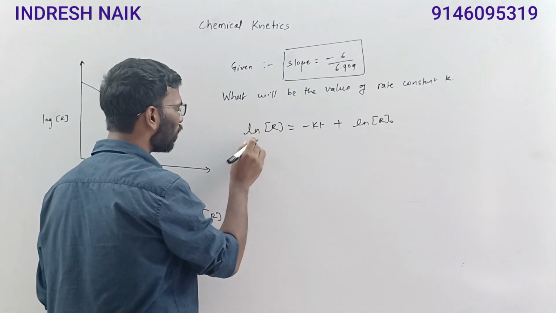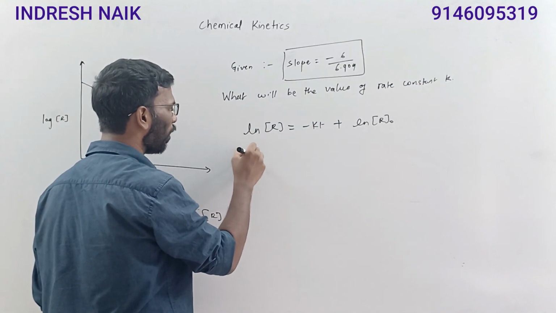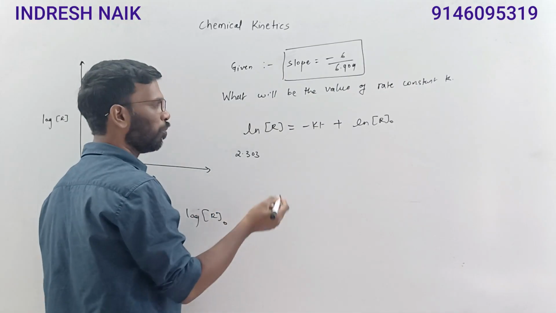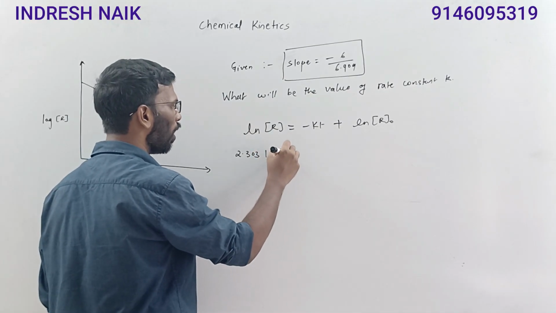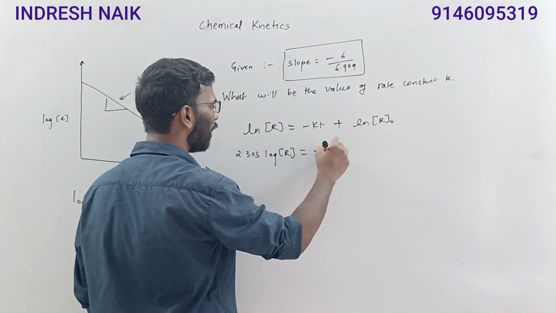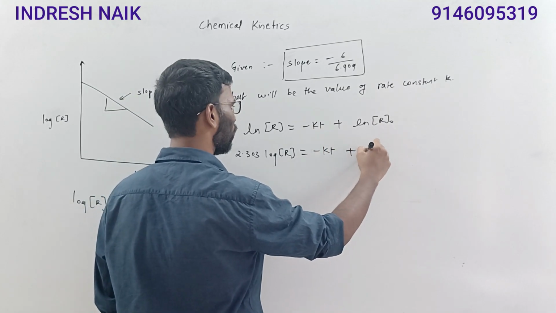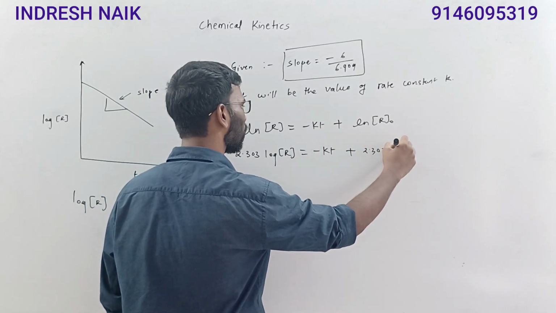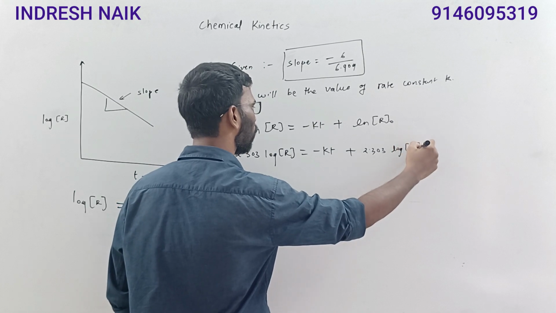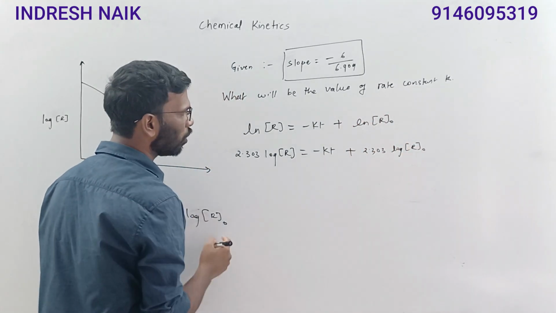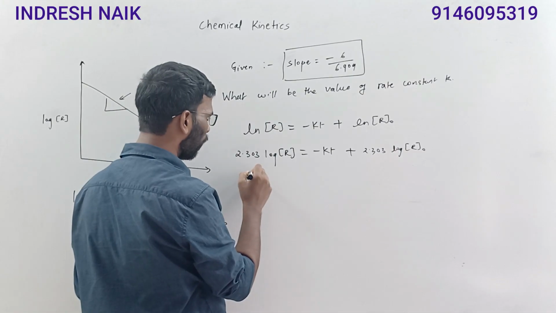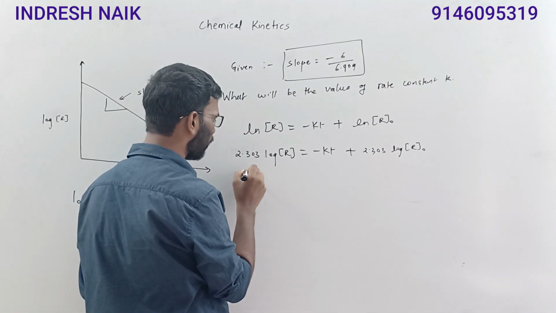So when we convert this value 2.303 natural logarithm to log, we write it this way: log of r equals minus kt plus 2.303 log of r0. Now I divide this equation throughout by 2.303.